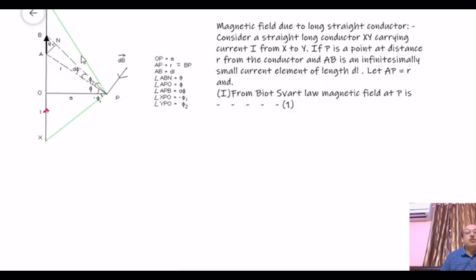And we have to find out the magnetic field of induction at point P by using the right-hand rule. It will be crosswise, that is into the plane of paper. AB is the element, it is dl.